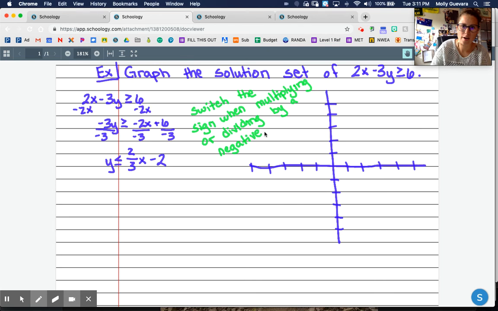So when you're multiplying or dividing by a negative number, you're going to flip the sign. So that's why I went from greater than or equal to less than or equal to.